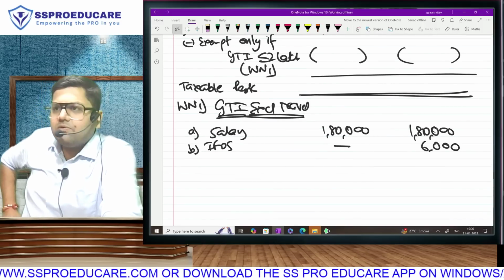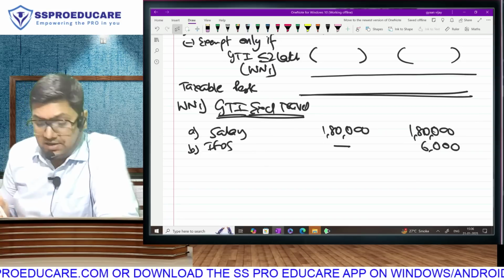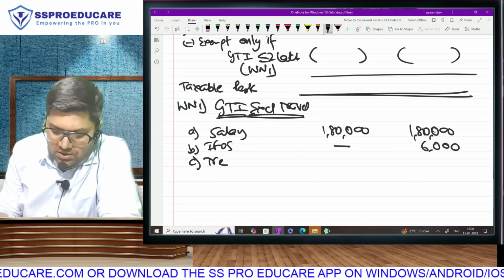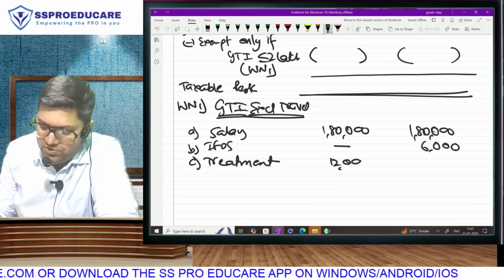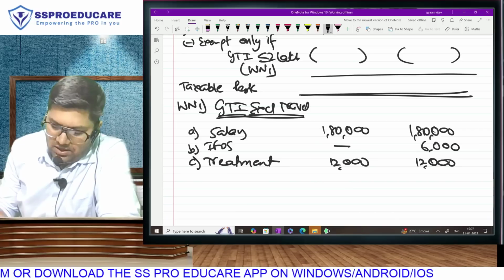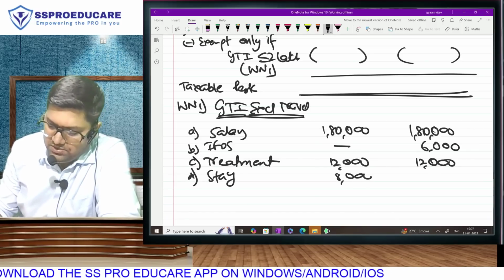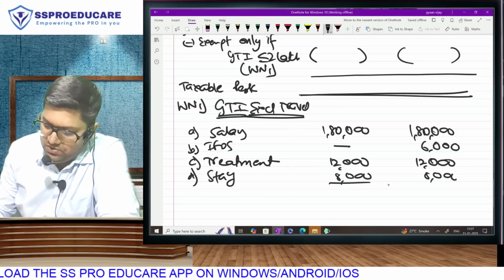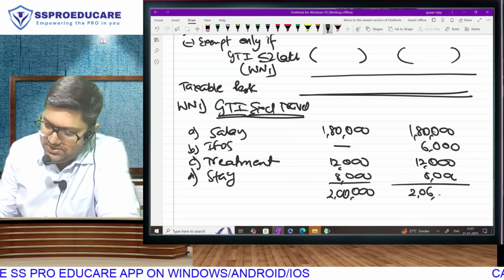So is this the total that we will check to check the 2 lakh limit? No, everything other than travel. So we will also include the treatment taxable part. Taxable part is 12,000 in both cases. And we will also take the stay part. Stay part is 8,000 in both cases. Accordingly, this is giving you a total of 2 lakh, 2 lakh 6,000.